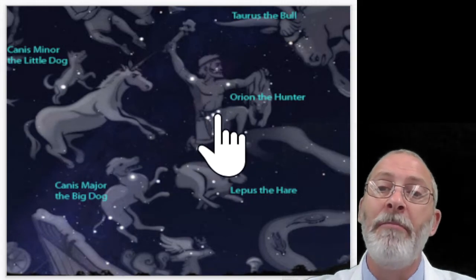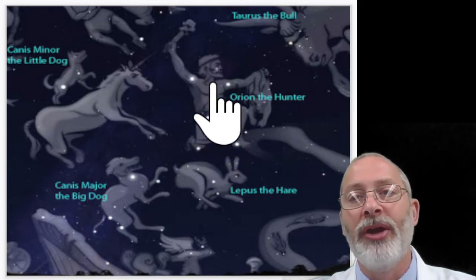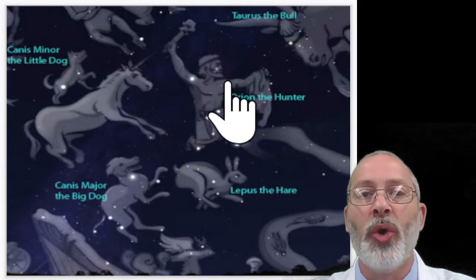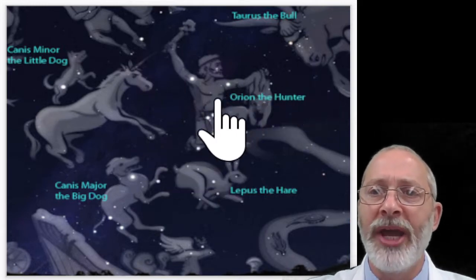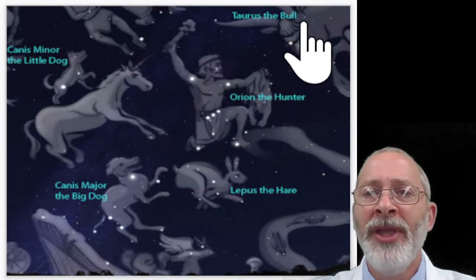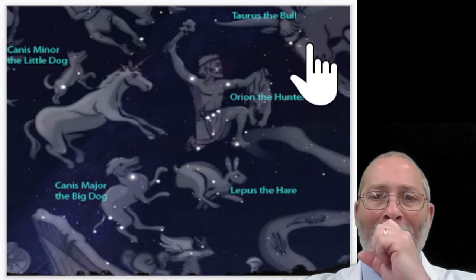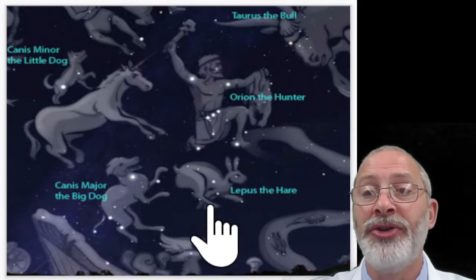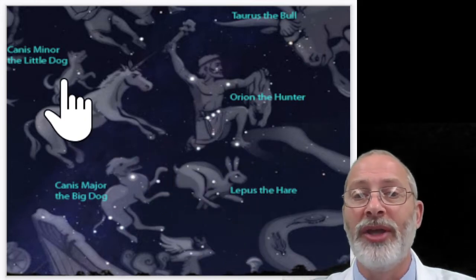That makes up the belt of Orion the Hunter. And the brighter stars above that are his shoulders, etc. And he is ready to hunt down Taurus the bull, and the whole thing isn't visible here. But beneath Orion the Hunter, we've got a bunny rabbit, and behind him a horse and a dog, etc.